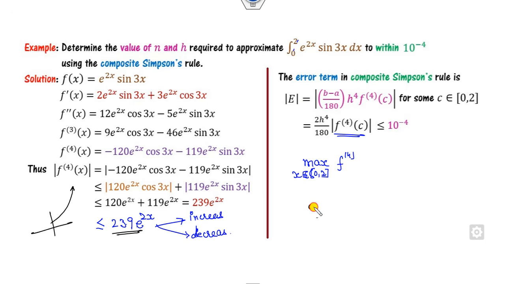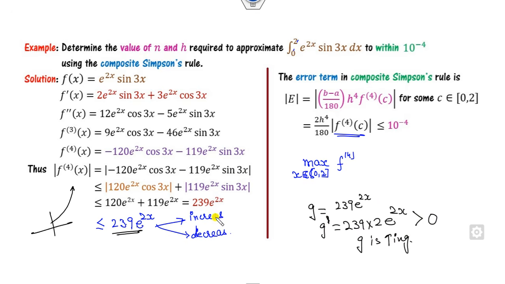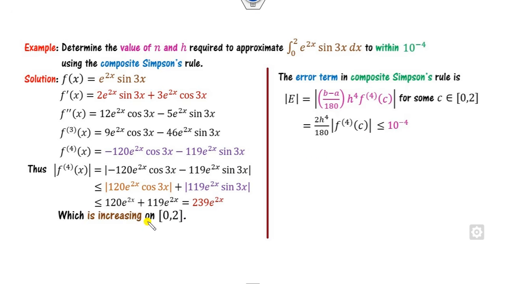Moreover, if I take g as 239 e raised to power 2x, what is the derivative of this? 239 times this, which is always greater than 0. If the first derivative is greater than 0, it means this function is increasing. So once this function is increasing, what does it mean? Maximum value occurs at the upper bound. So what is the meaning of that? For f fourth derivative, the maximum value occurs at the point 2.